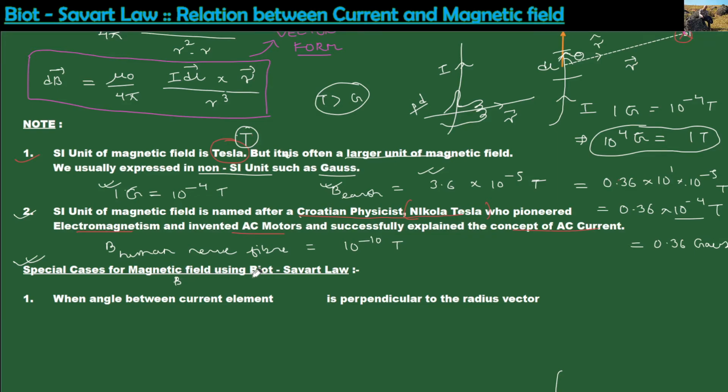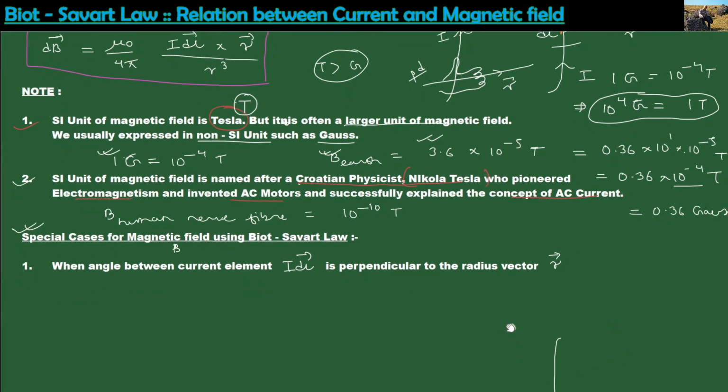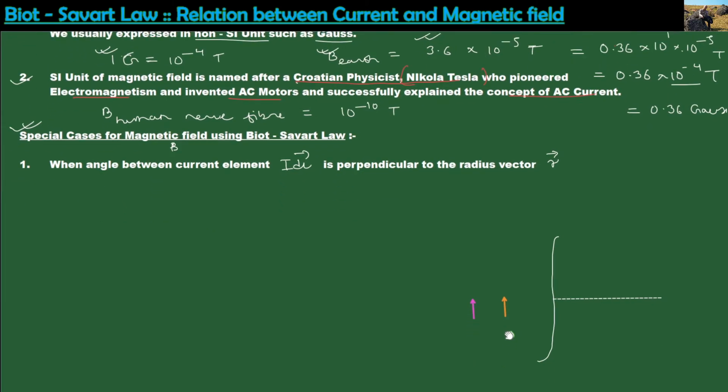Next we will study some special cases of the magnetic field B using the Biot-Savart Law. The first case is in terms of the current element I dl and the position vector r, when the angle between the current element I dl and the radius vector r bar is 90 degrees.